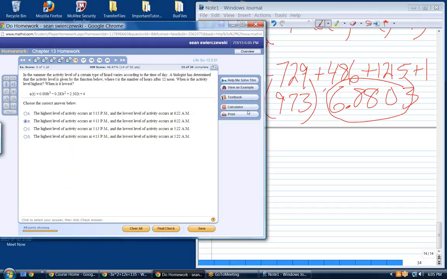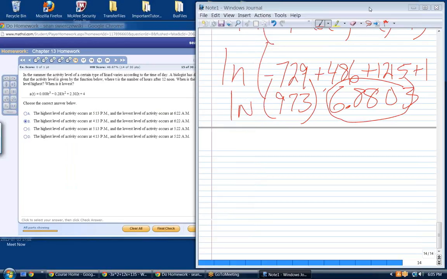Okay, so we need to take the derivative of this thing and find out where those maximums occur. So what is A prime of t?